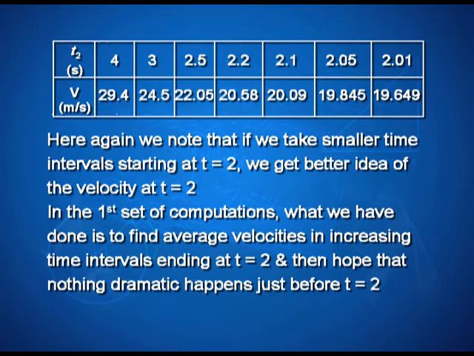In the first set of computations, what we have done is to find average velocities in increasing time intervals ending at t equal to 2, and then hope that nothing dramatic happens just before t equal to 2.